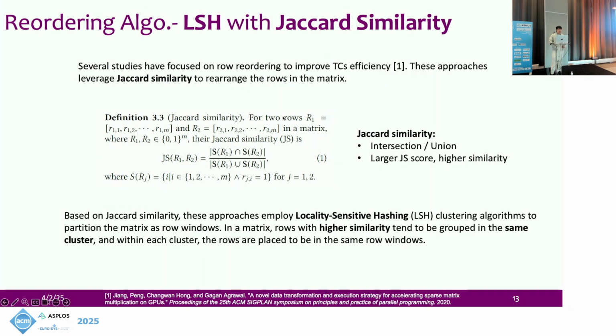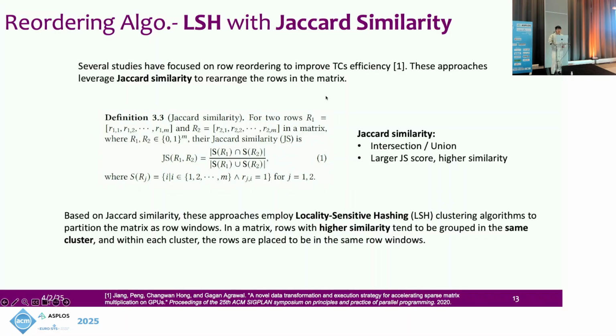To optimize the sparse matrix on tensor cores, there have already been several studies focused on reordering techniques to further speed up sparse computation on tensor cores.